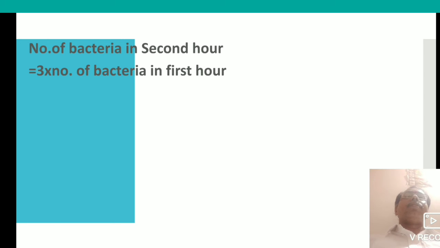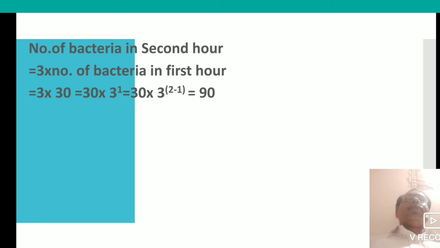Now let us see. The number of bacteria in the 2nd hour, simply you can say, 3 into the number of bacteria in the 1st hour, and then 3 into 30. So here 30 into 3 to the power of 1. That is 30 into 3 power 2 minus 1.